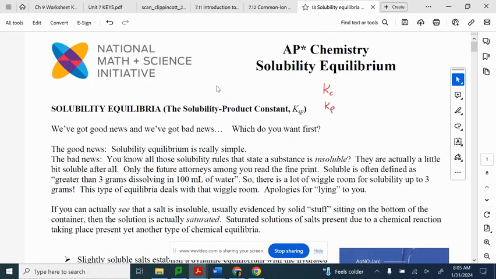So you know how back in the day when you were trying to figure out if something was soluble or not, you had your cations listed over here and your anions listed over here, and then you brought them together, and if they had an S it meant it was soluble, and if you had an N it meant it was not soluble.